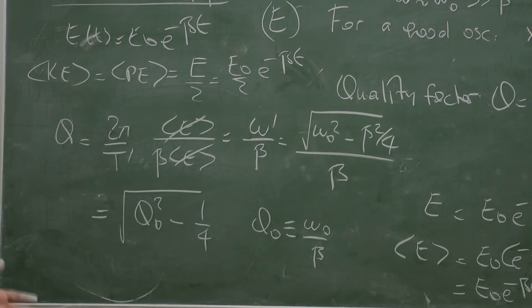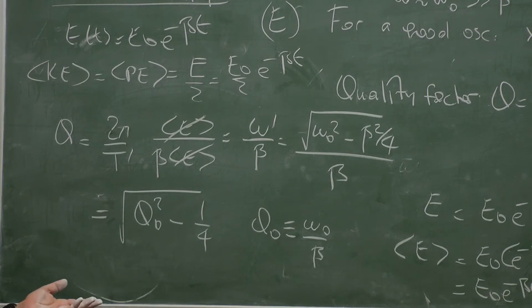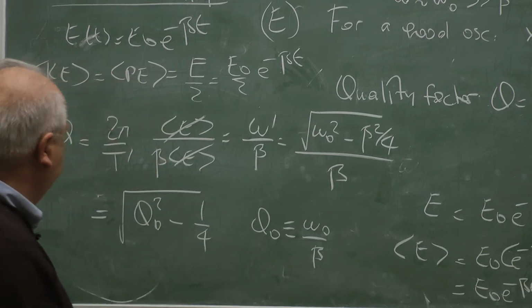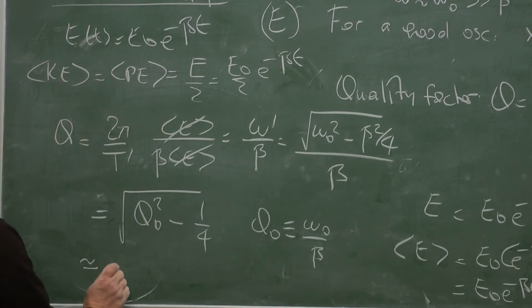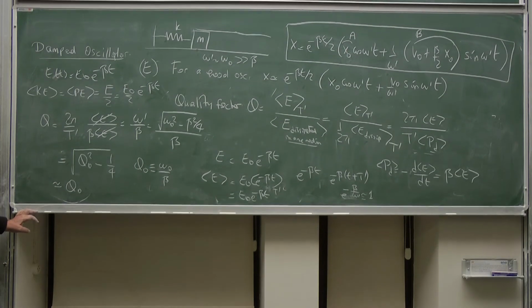So a good oscillator means Q is very large compared to 1 over 4. You know, if Q is 10, this is 100, this is 0.25. So to a good approximation, this is Q0. So this is the Q value of the oscillator.